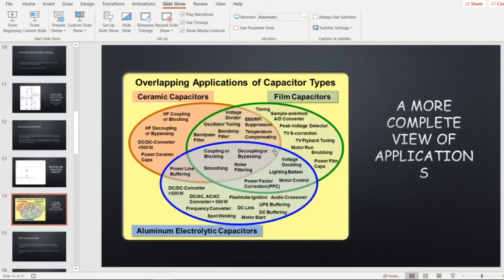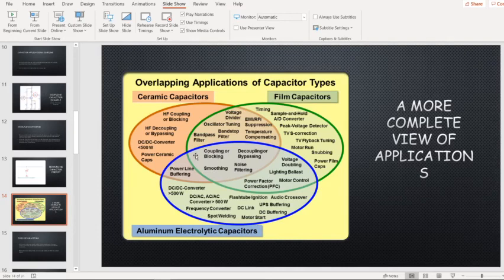Now, here is a good idea of the kinds of things that you will see capacitors used in. I got this picture on Wikipedia as well. So, as you can see here, decoupling or bypassing, noise filtering, smoothing, coupling or blocking.